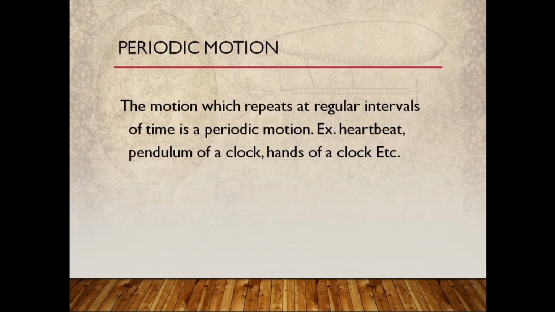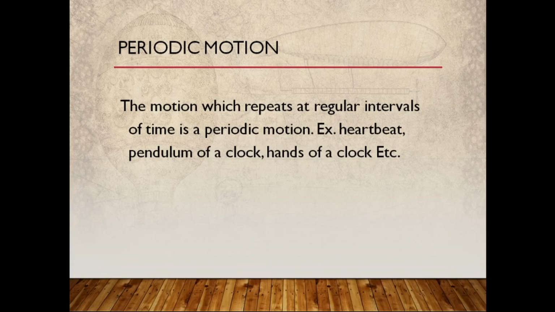Now, the next types of motion are periodic motion and non-periodic motion. Periodic. What is the meaning of period? That means something that comes after a regular interval of time. Fine. So the motion which repeats at regular intervals of time is known as periodic motion. Have you ever observed your heartbeat? Lubs and dubs, isn't it?